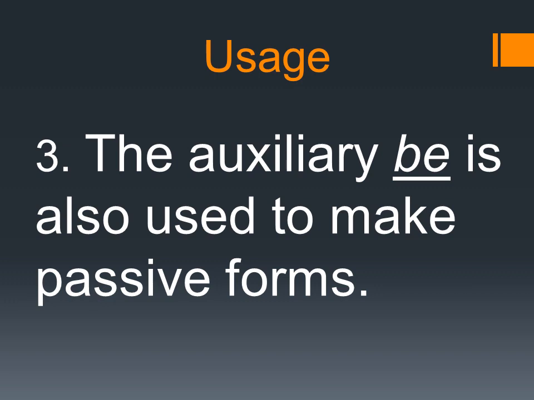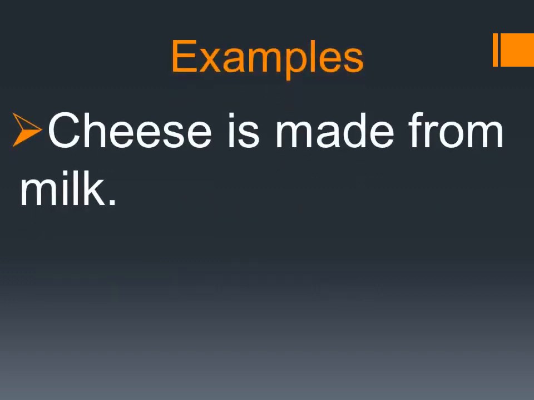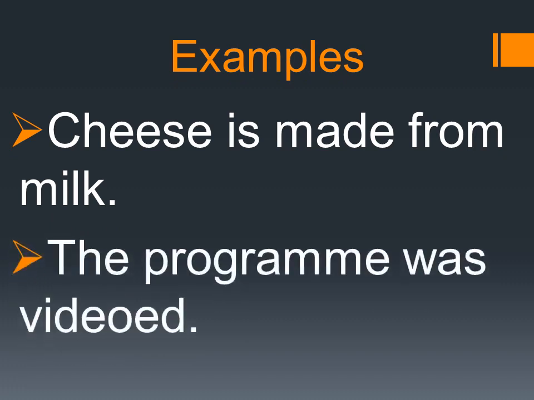So in passive voice auxiliary be is used, means is, am, are are used in passive forms. For example, cheese is made from milk. The program was videoed.